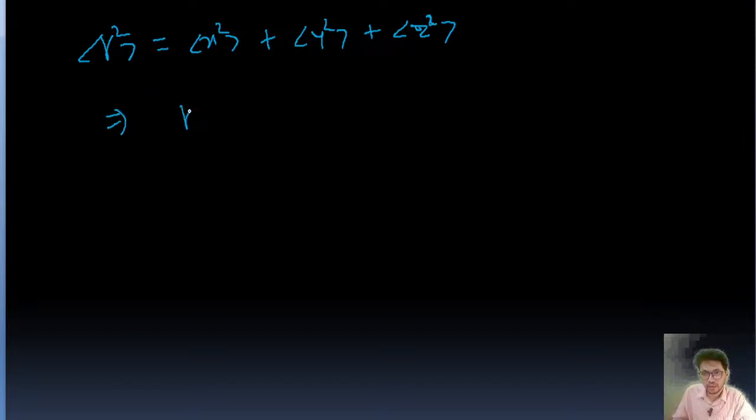And from here the value of p square is going to be 2 by 3 mean square value of r.